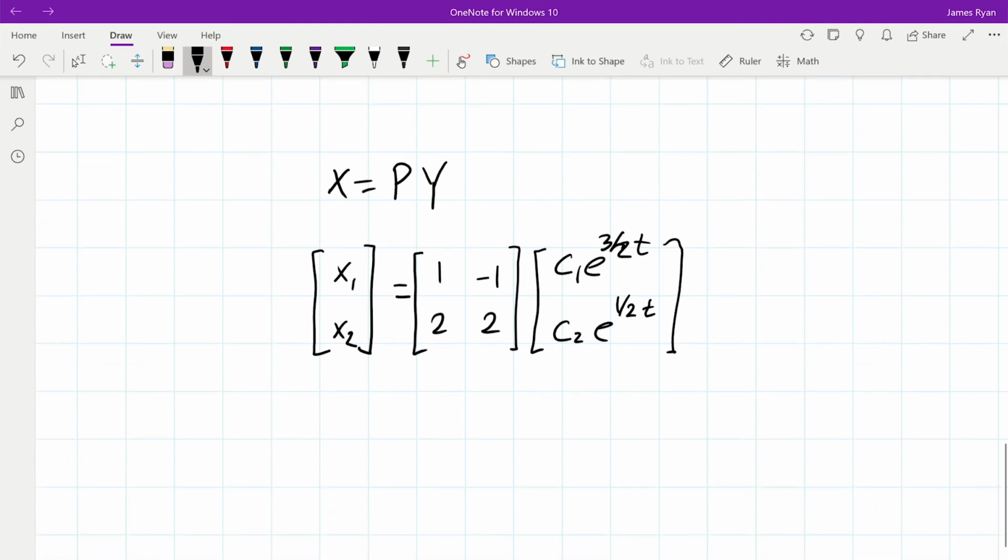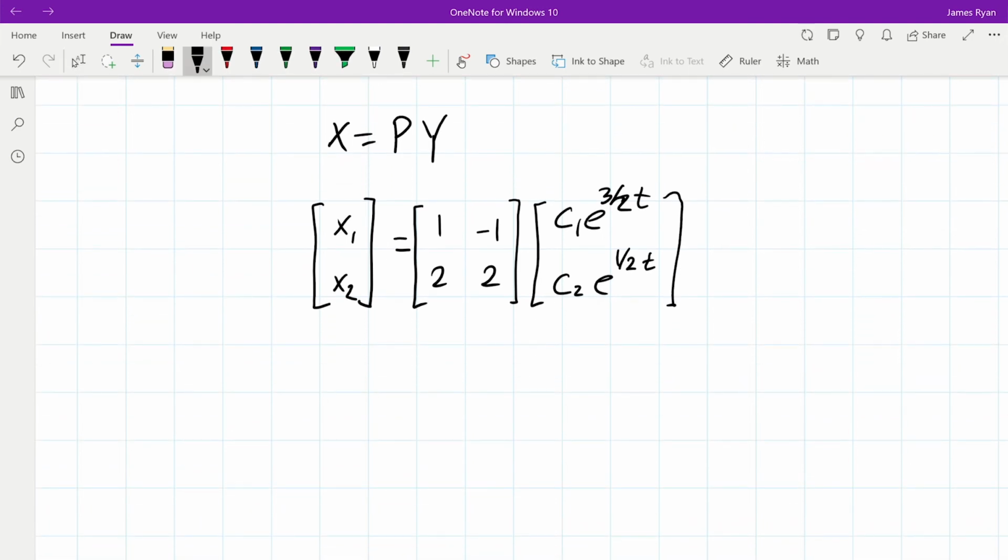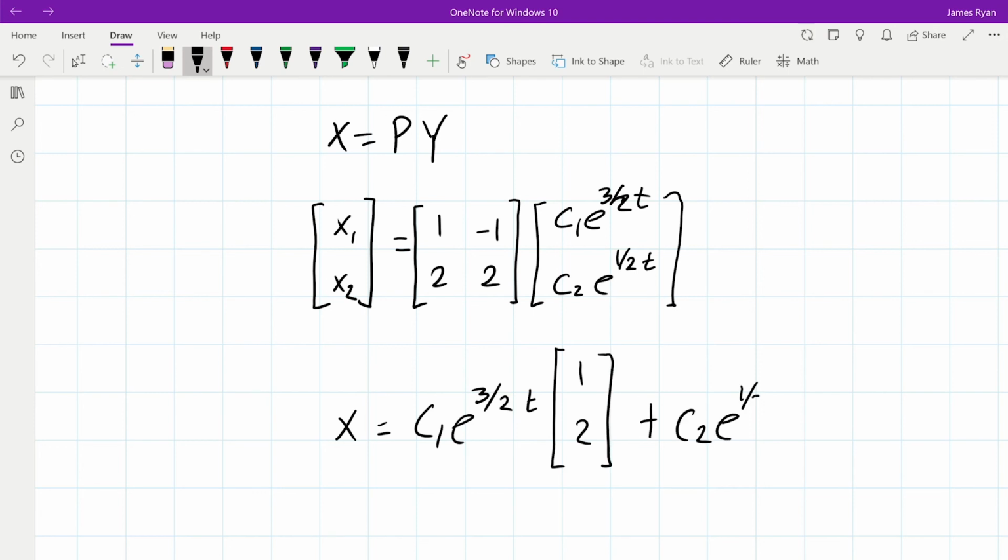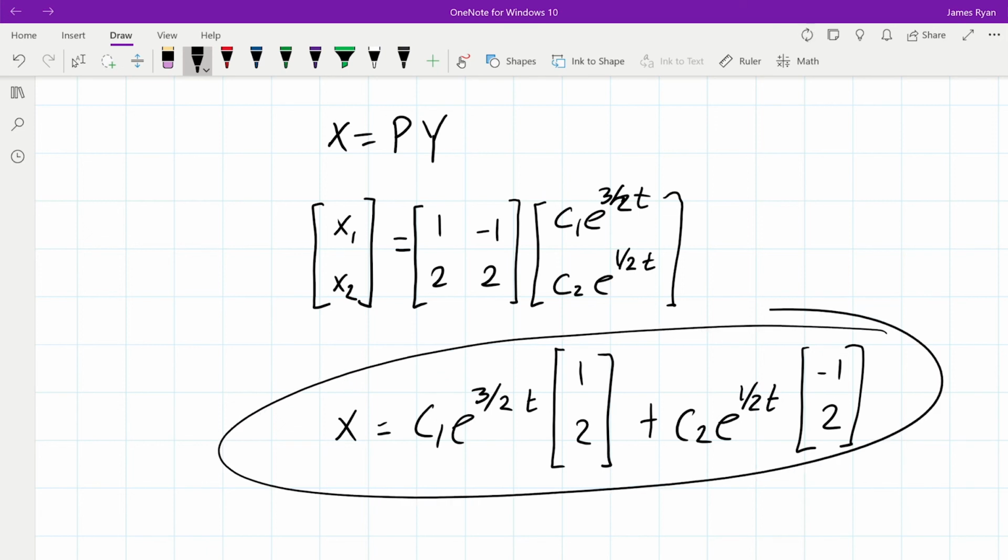And so we can write the vector x as c1 e to the 3 over 2 t times 1, 2, plus c2 e to the 1 over 2 t times negative 1, 2. And this x is the solution to our system of differential equations.